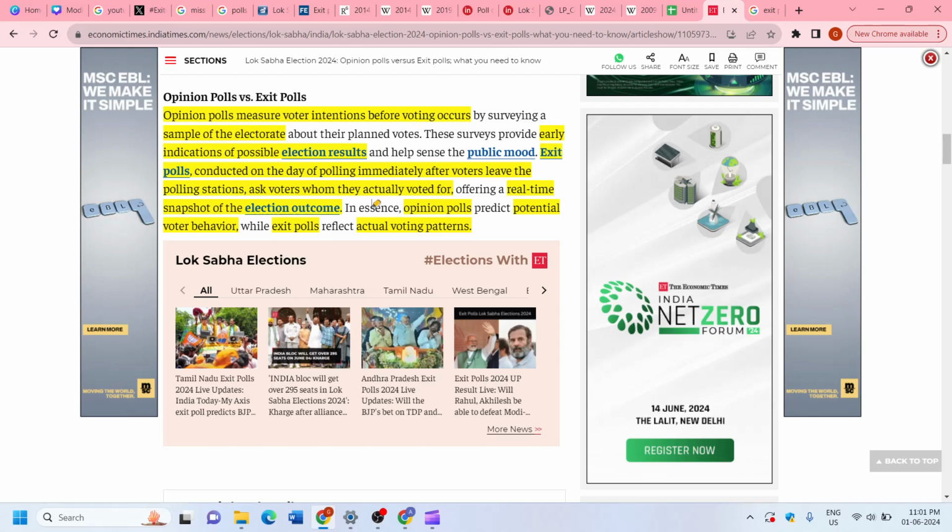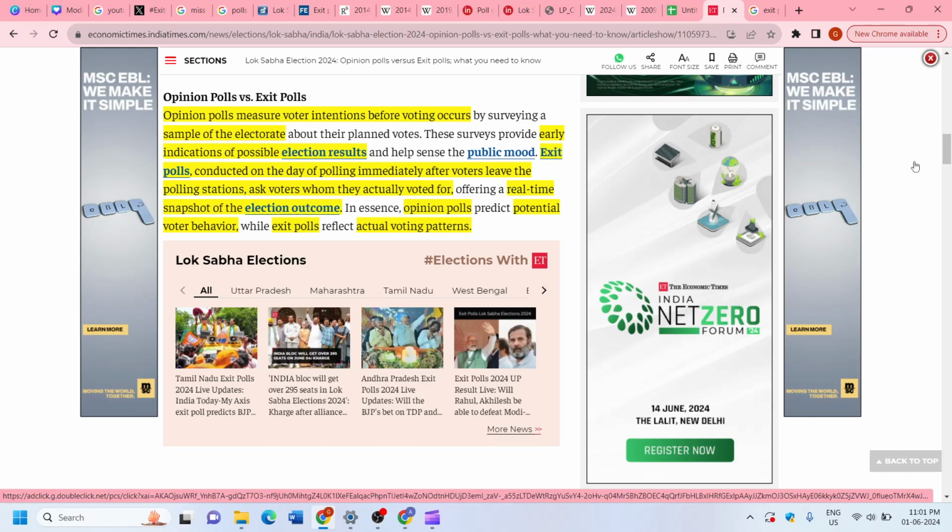In essence, opinion polls predict potential voter behavior, while exit polls reflect actual voting patterns. So basically, the main difference is that one happens before voting and one happens after voting.